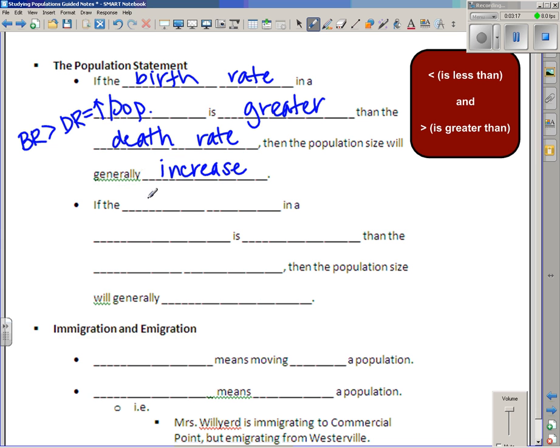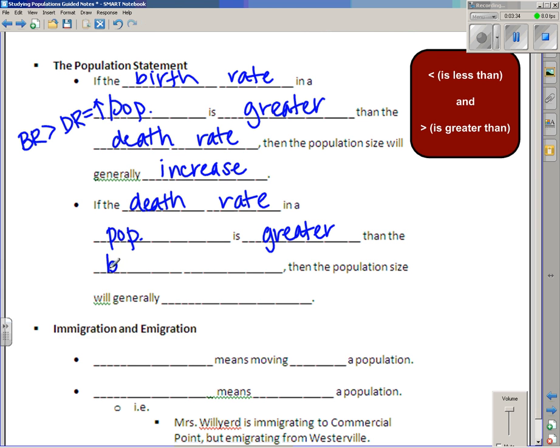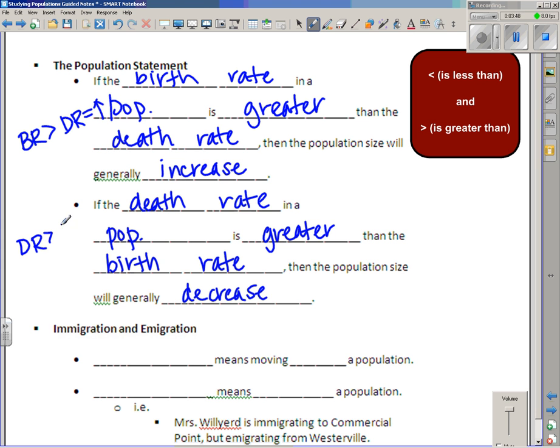But if the death rate in a population is greater than the birth rate, then the population size will generally decrease. Okay, so over to the side you can say death rate is greater than birth rate equals decrease.